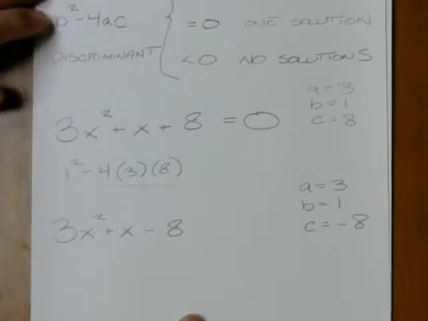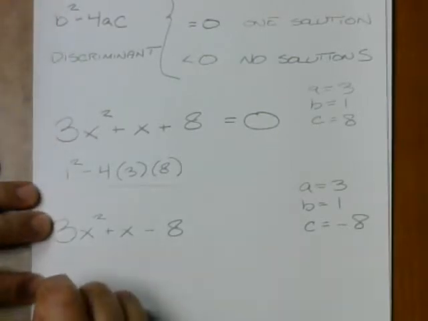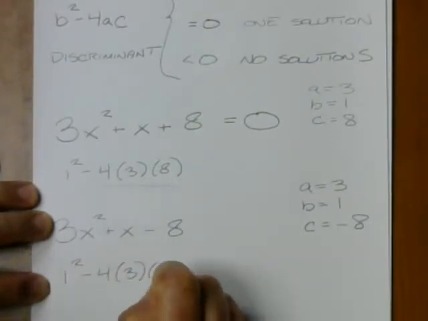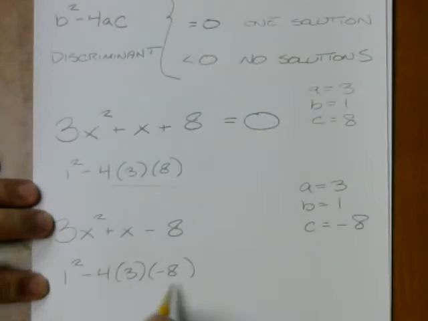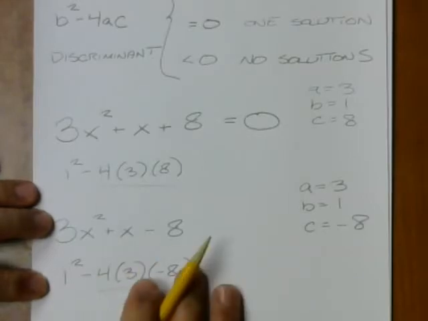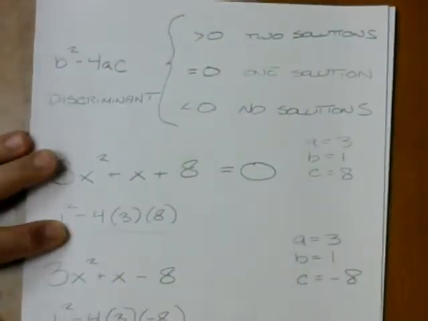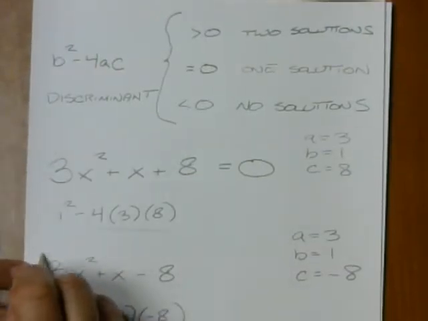So if I want to compute b squared minus 4ac, what happens? I get 1 squared minus 4 times 3 times minus 8. And without even writing out what this is, negative and negative, that's going to give me a positive. 1 plus a positive number is positive. And for a positive discriminant, I have two solutions.